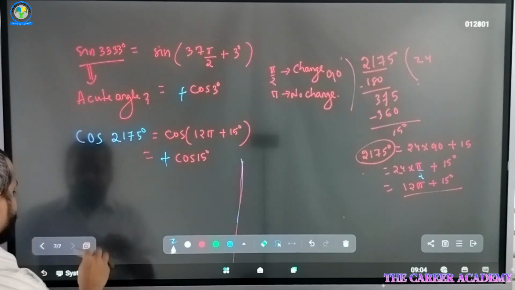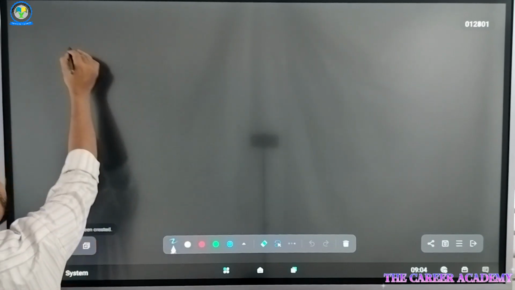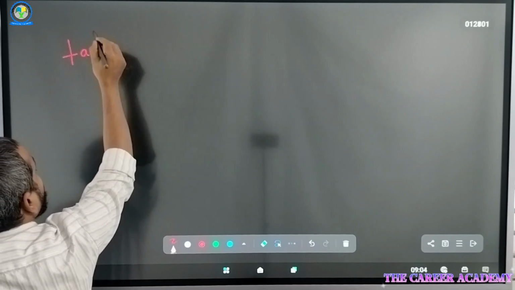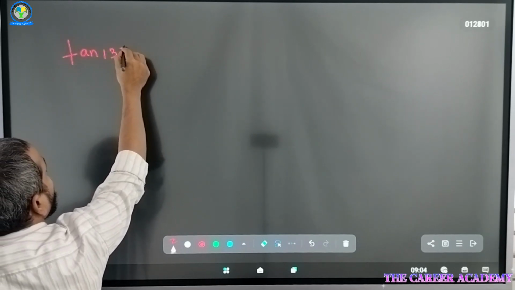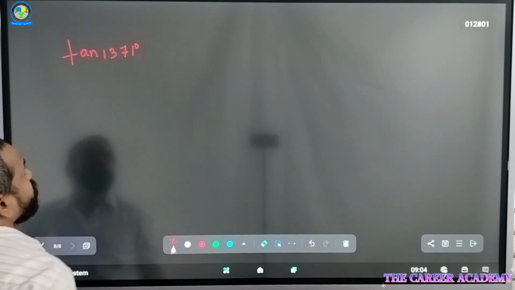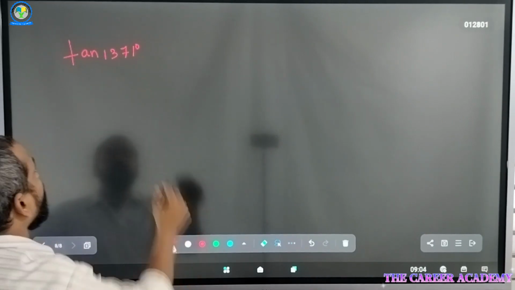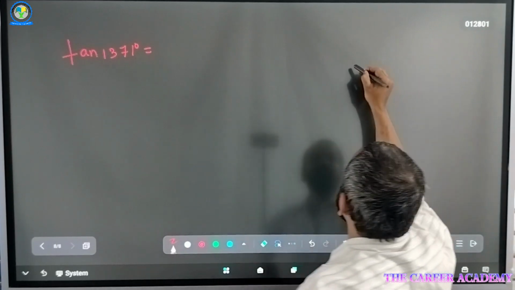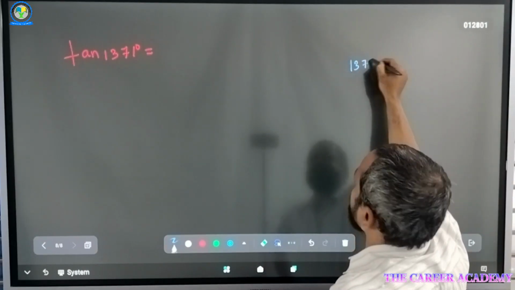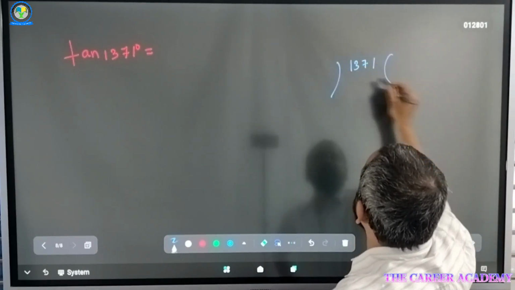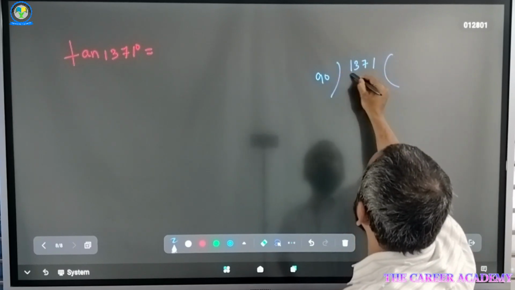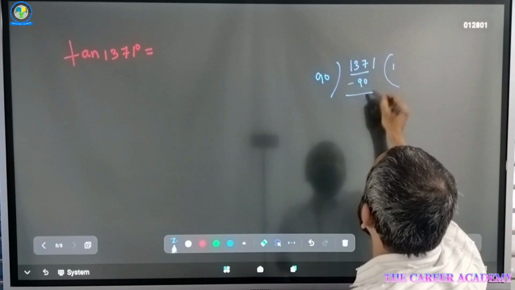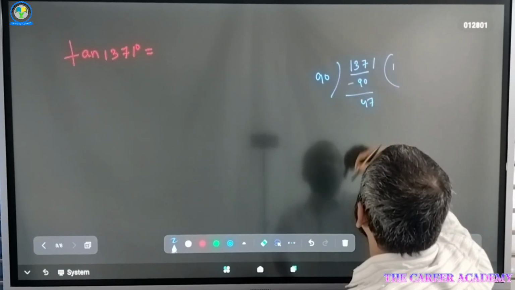Now take another example: tan 1371 degree. Convert into an acute angle. So what do you have to do again? 1371 degree is divided by 90. 137 minus 90 is 47.